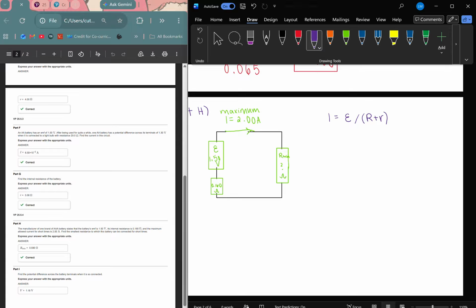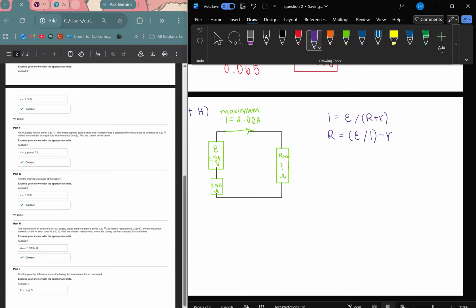I'm going to isolate the external resistance, which is the big R. So let's take the R out, which is going to give us the electromotive force divided by the current, and subtract that by the internal r.